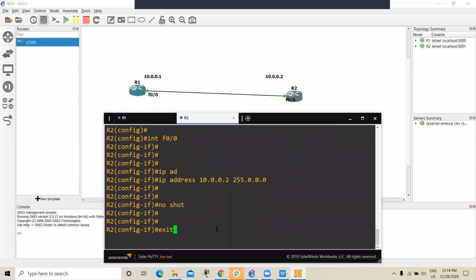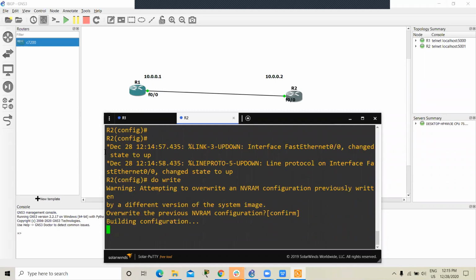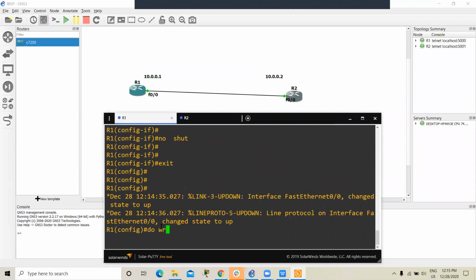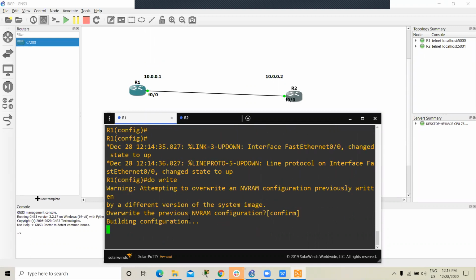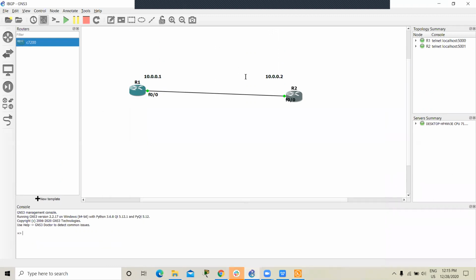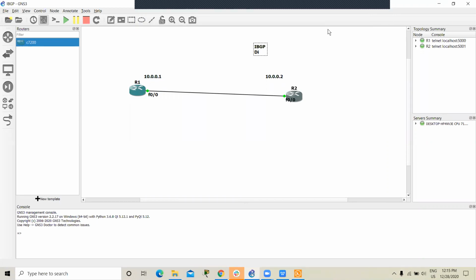Exit. Now we use do write to save the configuration. So this one is IBGP, meaning the same AS, and direct neighborship means the same network also.